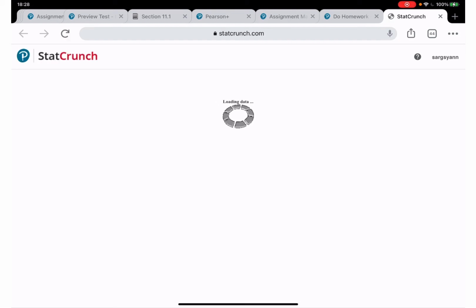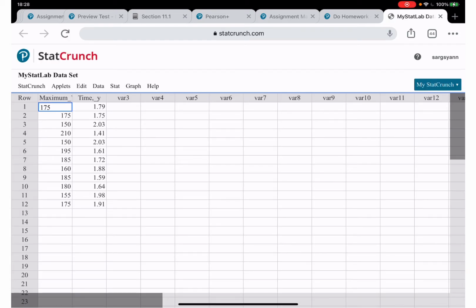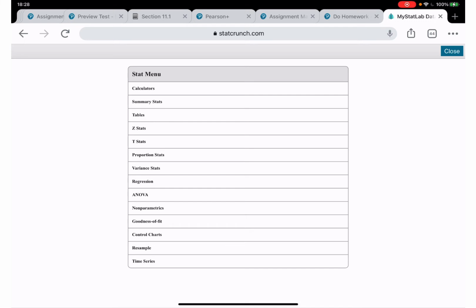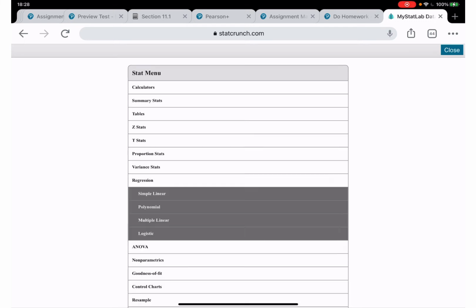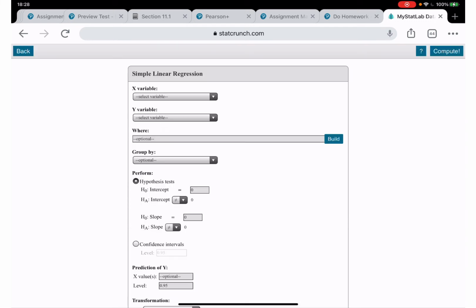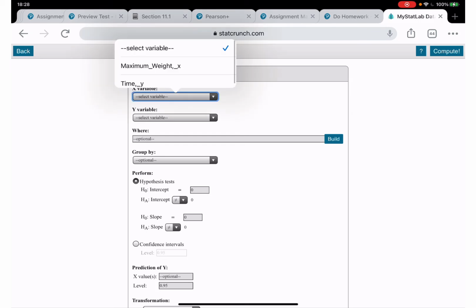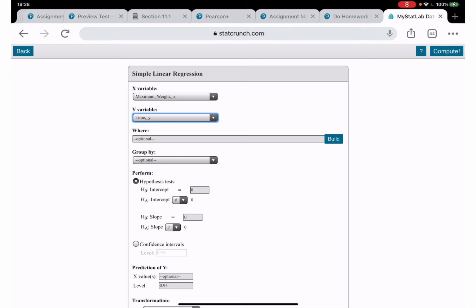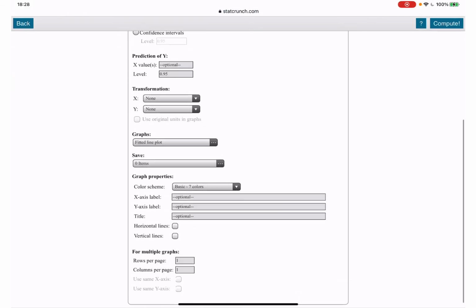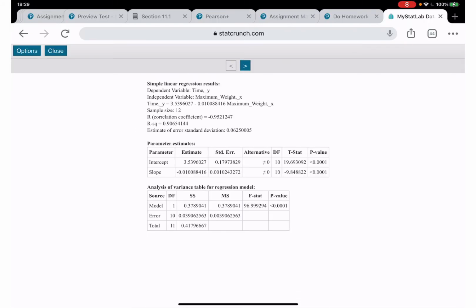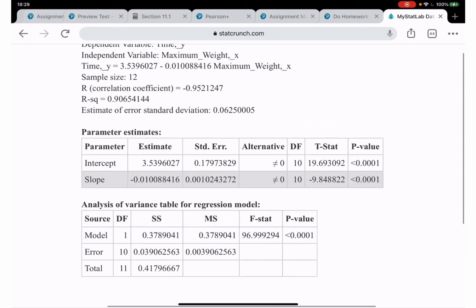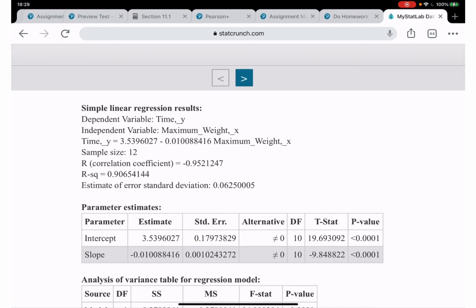Stat, regression after variance, choosing simple linear. Here we have maximum weight as x, y is our time, and we click compute. Okay, correlation coefficient r is negative.